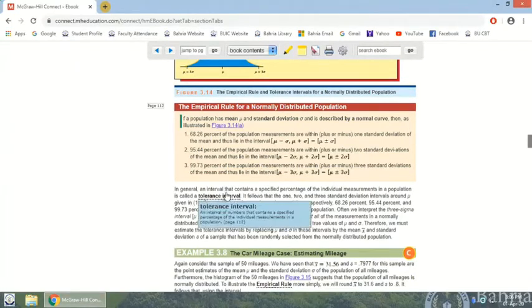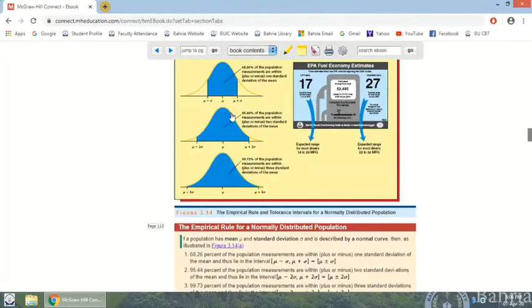how do we define the tolerance interval. In general, an interval that contains a specified percentage of the measurements is called a tolerance interval. I want to explain what the interval is: basically we want to find out how much the data is deviating from the mean, and we can add max deviations to it.